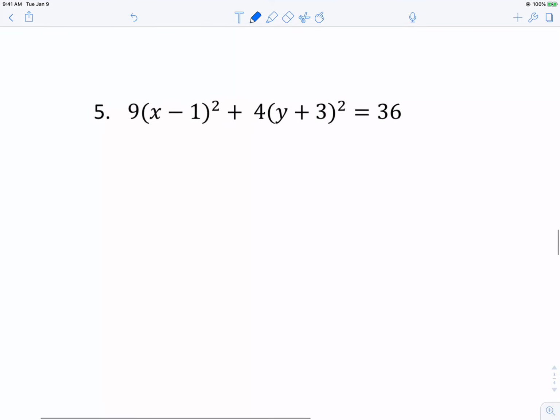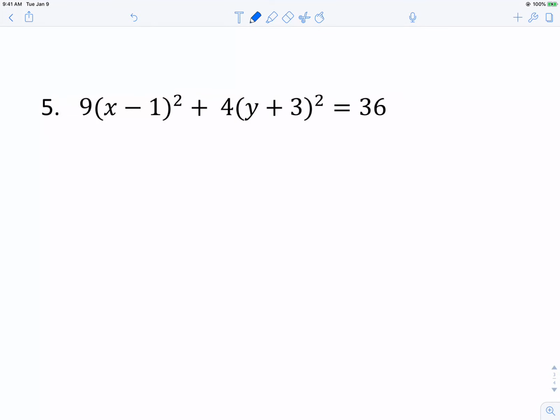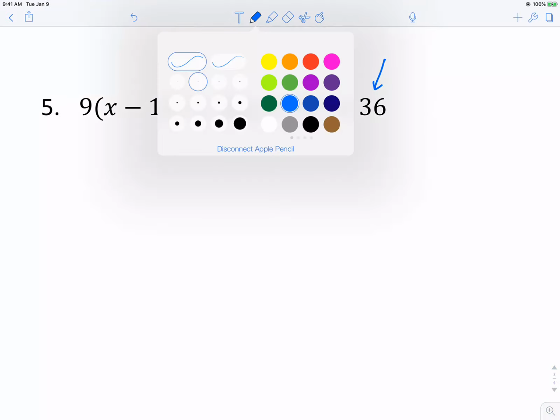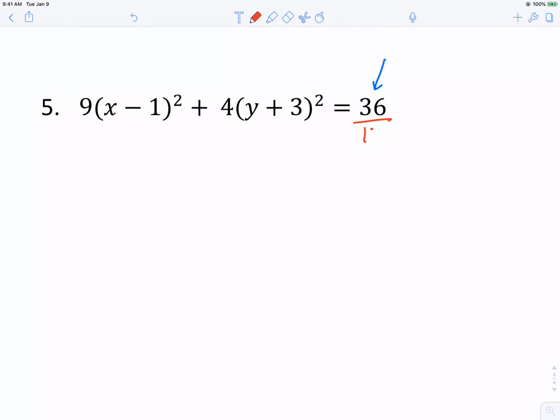All right, moving along. This one looks like it's almost in graphing form, except it's got to be equal to 1. It can't be equal to 36. So I got to divide everything on both sides by 36. So on the left side, there's 2 terms, so divide everything by 36.